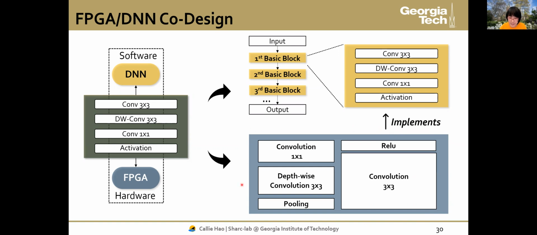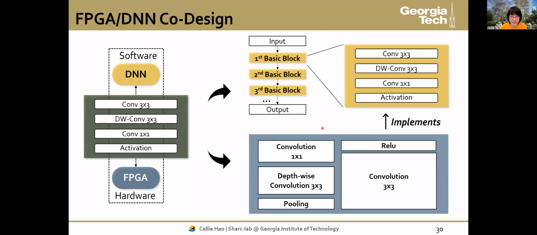And this implementation is exactly used to implement this basic building block in the DNN. Right? So as long as this basic building block is decided, the DNN is decided, and the accelerator is also decided. And then the DNN and its implementation are connected together.